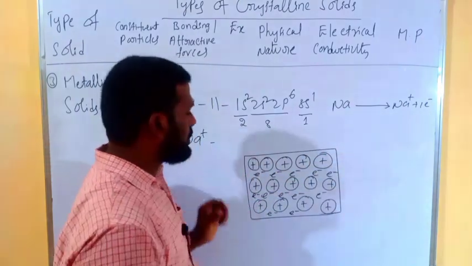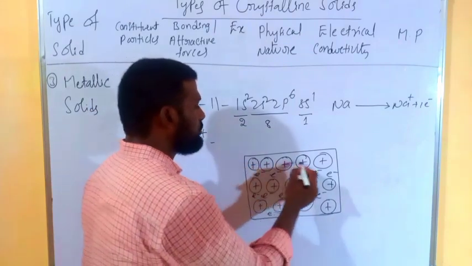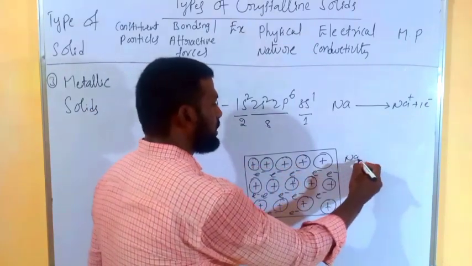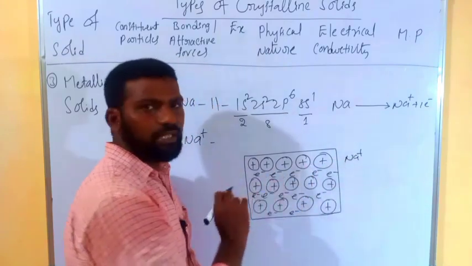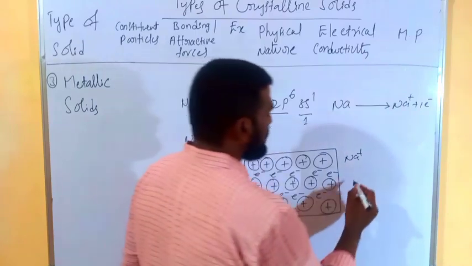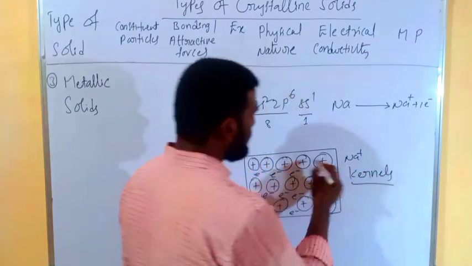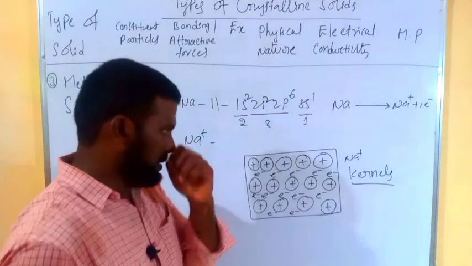The important point to remember is that all these positively charged Na plus ions do not move here and there. Their positions are fixed. These are called kernels, positively charged particles.